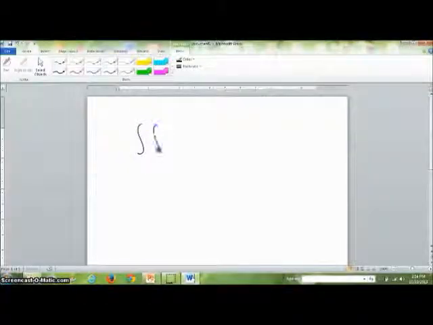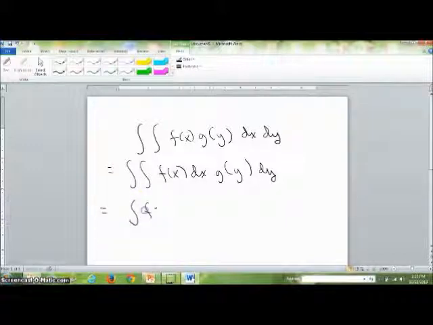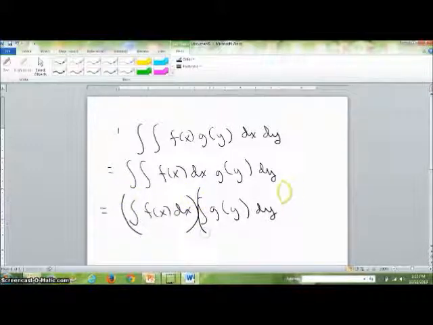Let's say we have a double integral whose integrand is the product of an expression in only x times a second factor exclusively in terms of y. Evidently, we can rearrange everything, including the integral signs, and end up with the product of two single variable integrals.